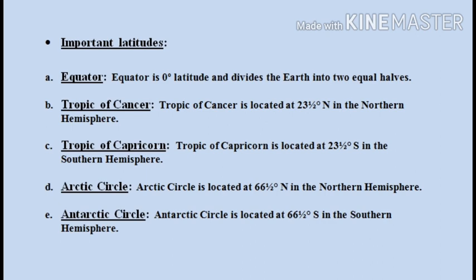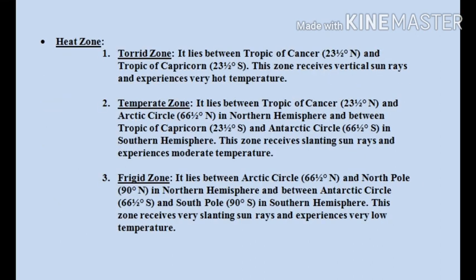different heat zones. So what are the different types of heat zone? We have three different heat zones. One is torrid zone, temperate zone and frigid zone. So torrid zone receives vertical sun rays, that's why the temperature of this zone is very high.